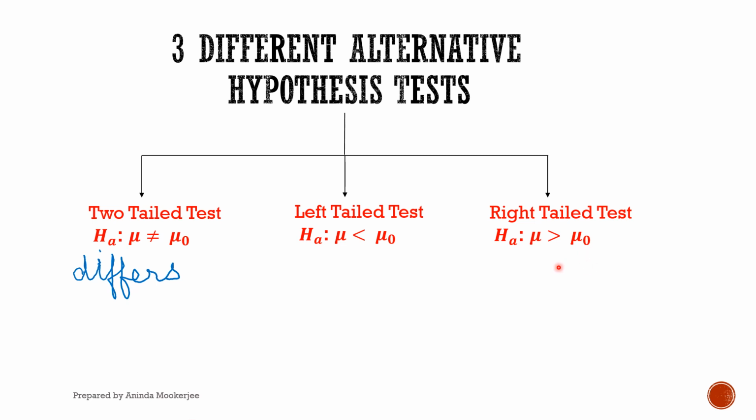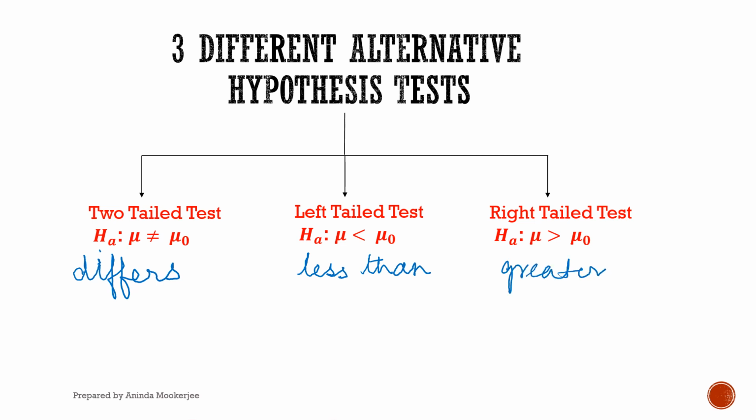Here we are claiming that the null hypothesis mean is incorrect and that the correct population mean is greater than whatever the null hypothesis mean may be. Just like I wrote differs here, let me write less than, and then greater than.